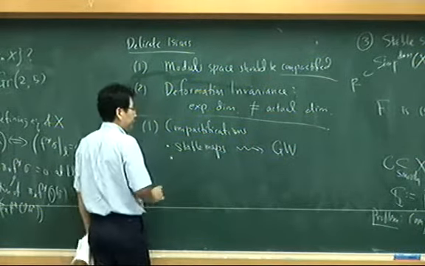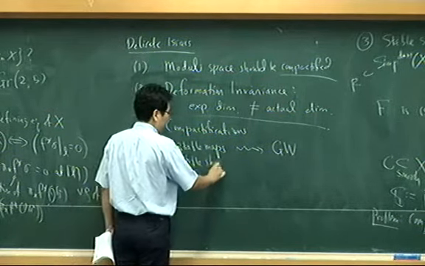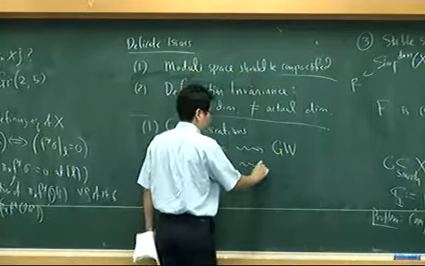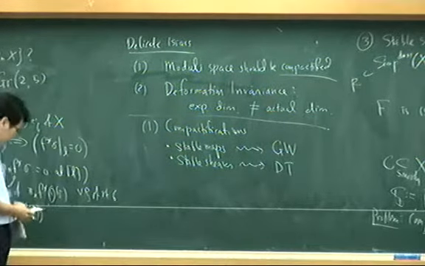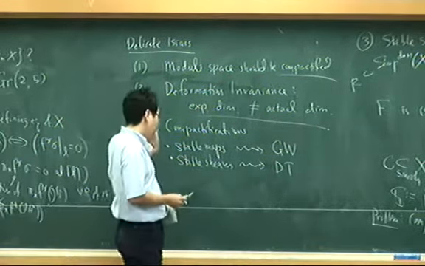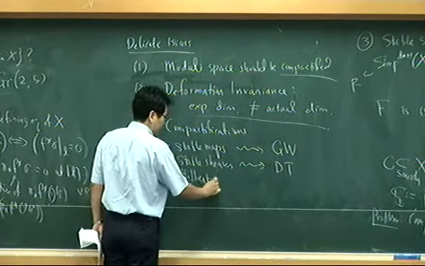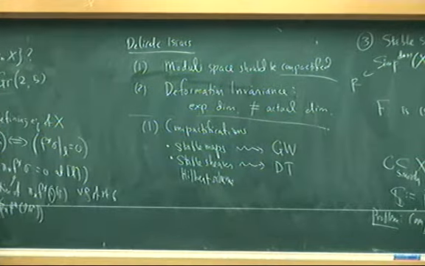And another way is to use the space of stable sheaves. Then you get the famous Donaldson-Thomas invariant due to Thomas in 1997 in his thesis. Also, you can think about the Hilbert scheme of curves. If you have a curve inside a projective space, then you can think about the ideal sheaf as a stable sheaf.